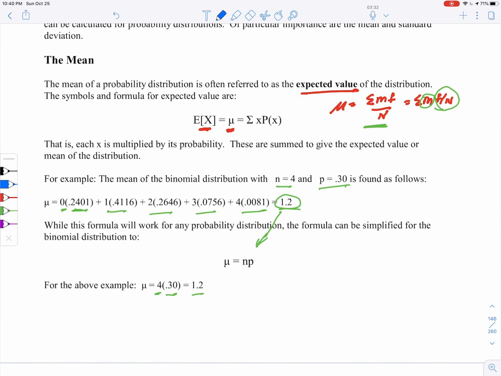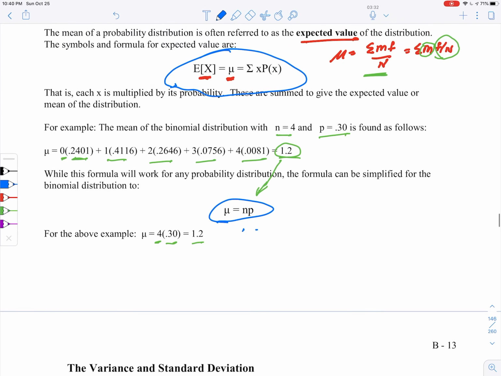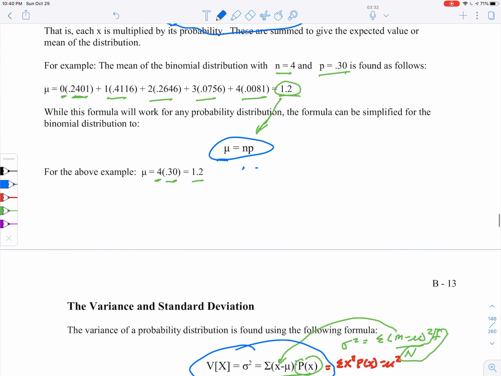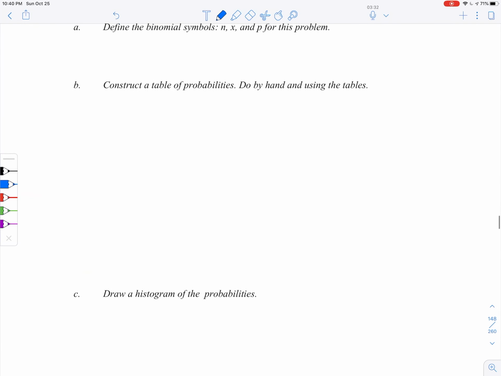But if it's a binomial problem, they reduce down to this and this. Now, you can't do that for the CFE problem because you don't have an n and a p in the same way. I guess you got an n, but you don't have the p in the same way there. So it's not a binomial problem. It's defined differently. But this formula will work for any discrete distribution, whereas this is specific for a binomial distribution.